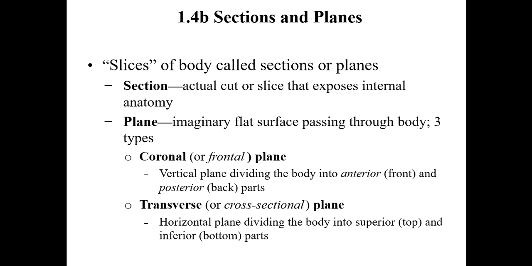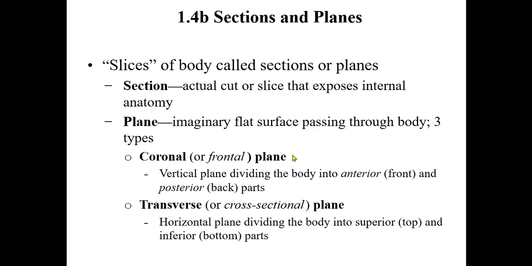Okay, then the next thing we have are called body planes. Body planes are different slices that you can make. We're going to look at them one by one. The first one we have here is the coronal plane. The coronal plane is a frontal plane. It's a slice that gives you a front half of the body and a back half of the body.